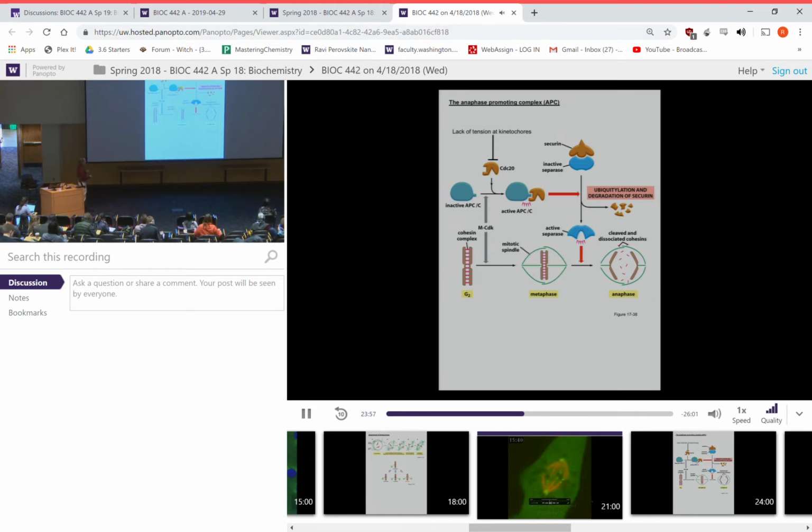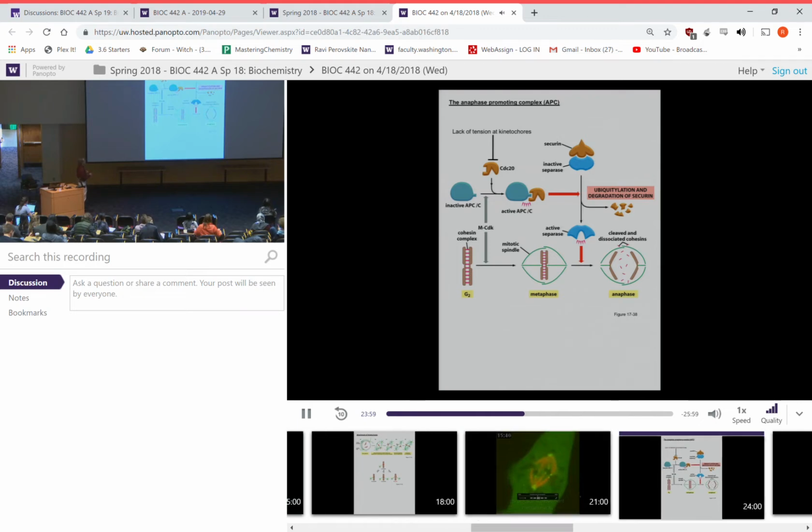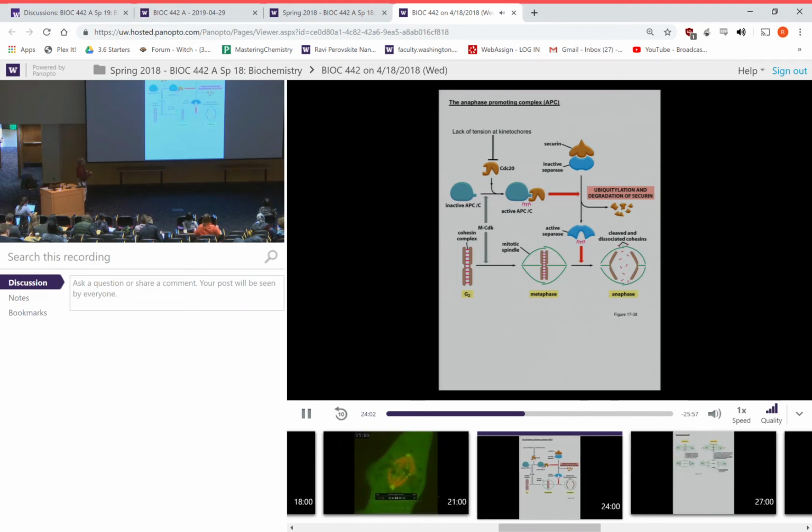This is where the key checkpoint comes in. What the ligase, the APC with its CDC20 bound to it, does is it ubiquitinates, remember that, and degrades a protein called securin. And securin is bound to a protease, or a pair of scissors essentially, called separase. So throughout the cell cycle, securin is keeping the protease inactive.